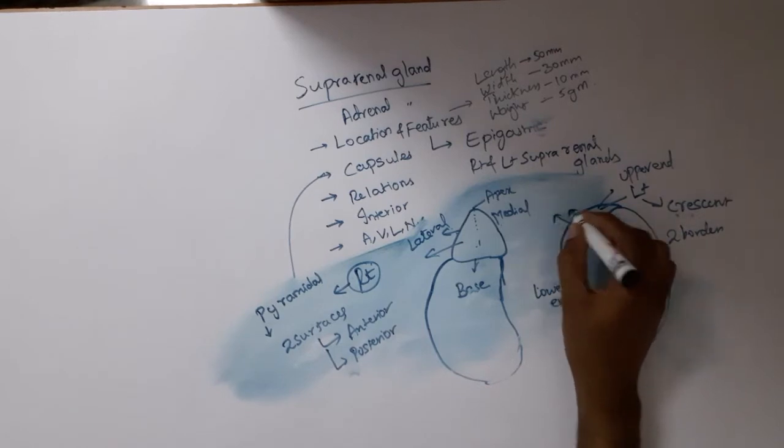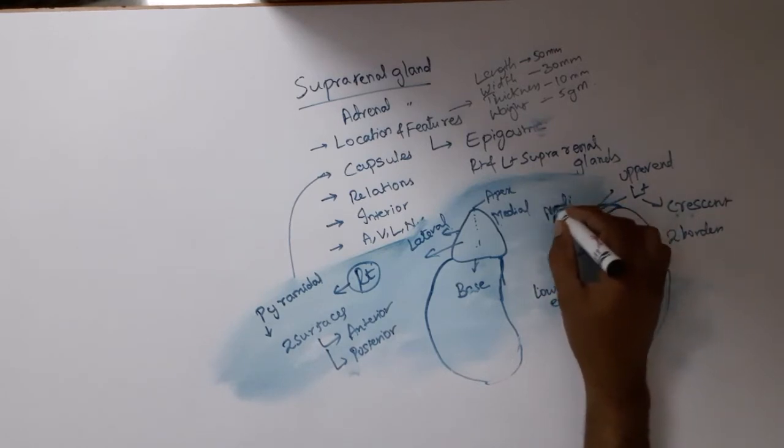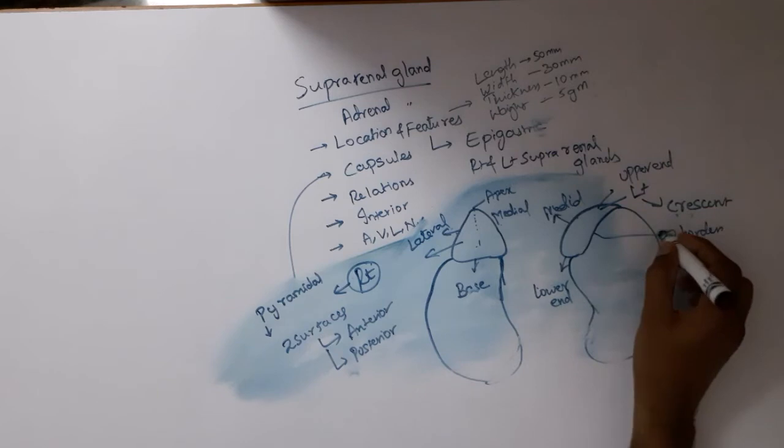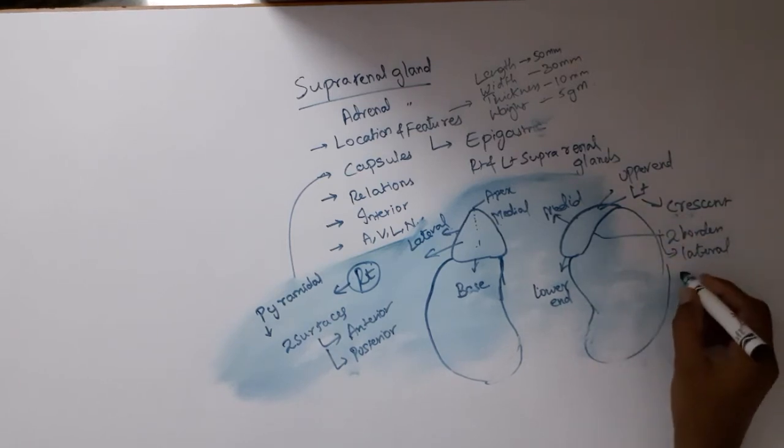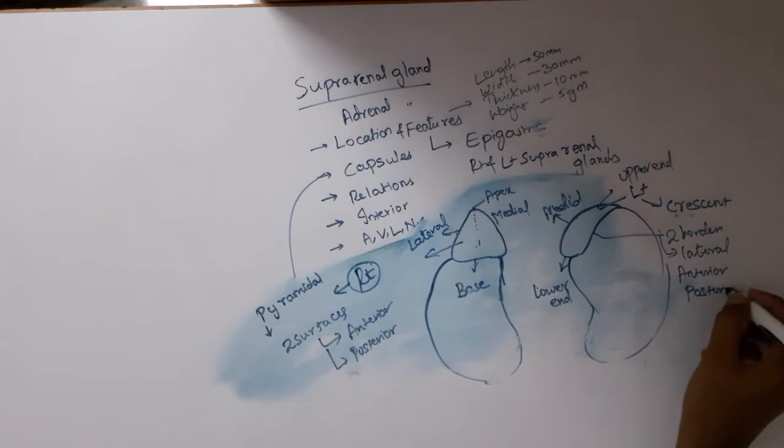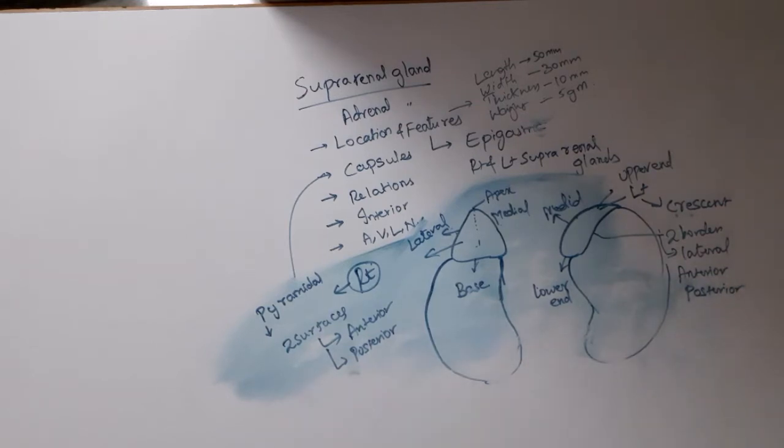Same thing, this is the medial border and this is the lateral border. It has the same two surfaces. What are they? Anterior surface and the posterior surface. First we'll be seeing this right side, then we'll be going on to the left side.